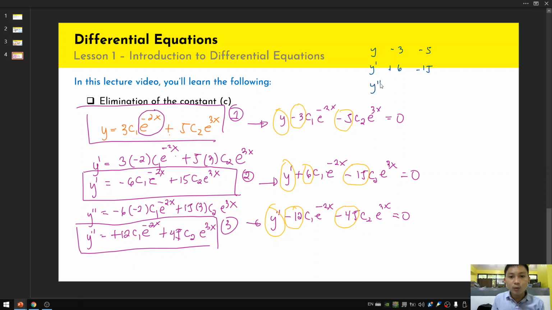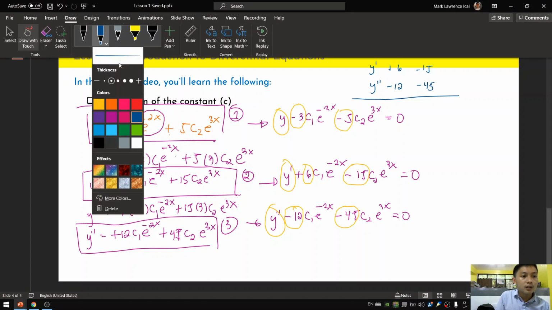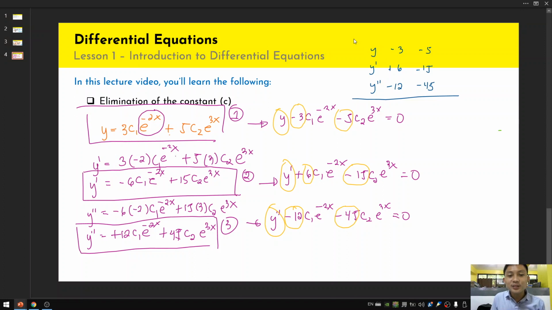We have y double prime, minus 12, minus 45. Okay, so there's a technique taught by Engineer Bam. So you do this line and this one and this one. Okay, so what do we do? All you need to do is multiply.